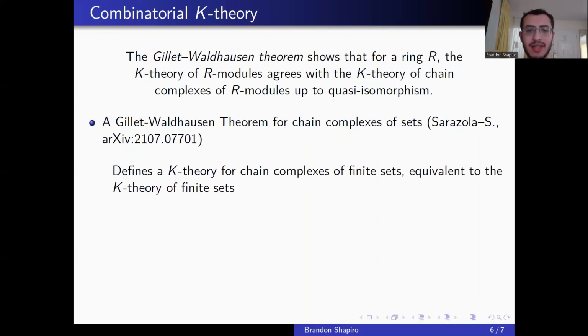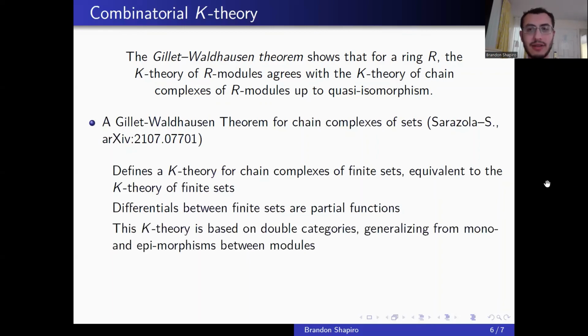The result we get is, again, that a K-theory for chain complexes of these objects is equivalent to the classical K-theory of finite sets. In case you're wondering, in a chain complex of finite sets, the differentials between sets are partial functions.